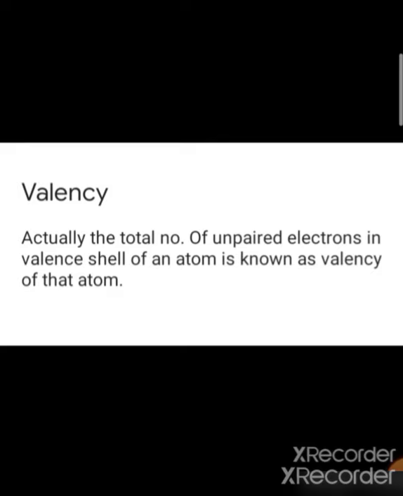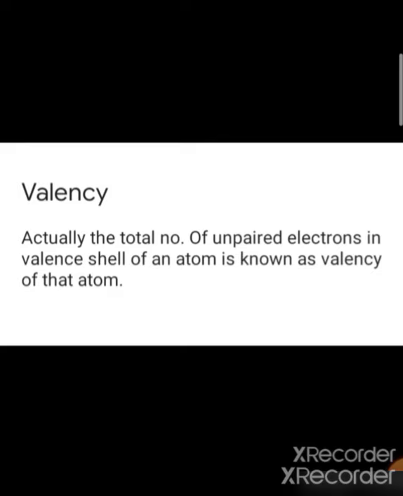Actually, the total number of unpaired electrons in the valence shell, meaning the outermost shell, is known as the valency. All valence electrons are not valency. Those electrons in the outermost or valence shell which are unpaired are known as the valency of that atom.